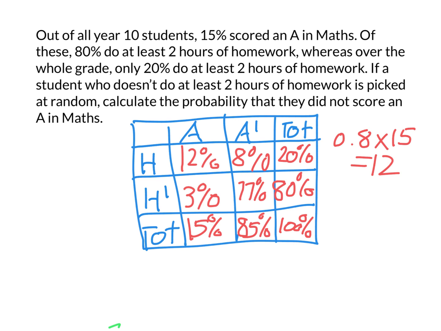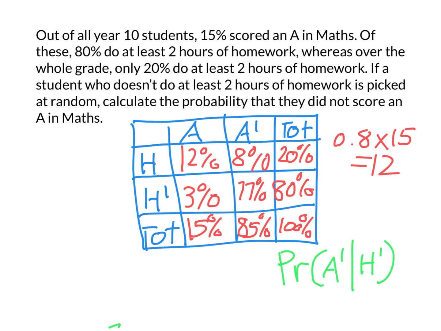So the question asked us to find the probability that if I select someone who doesn't do at least 2 hours of homework, they did not score an A in maths. So what I'm saying is I know that they didn't do 2 hours of homework. What's the probability they also didn't score an A? So in other words, I want the probability that they didn't score an A given that they didn't do at least 2 hours of homework.